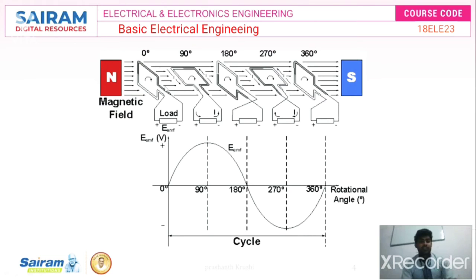There is a magnetic field from north pole to south pole. In between we placed only one conductor. Here the conductor is parallel to the field, so there is no induced EMF. So see here, it is 0.